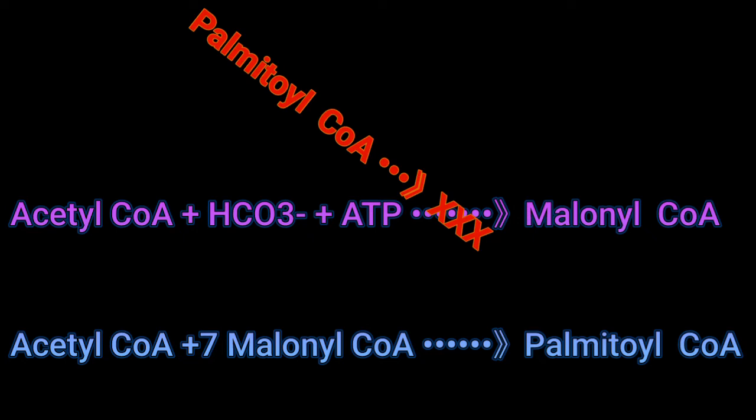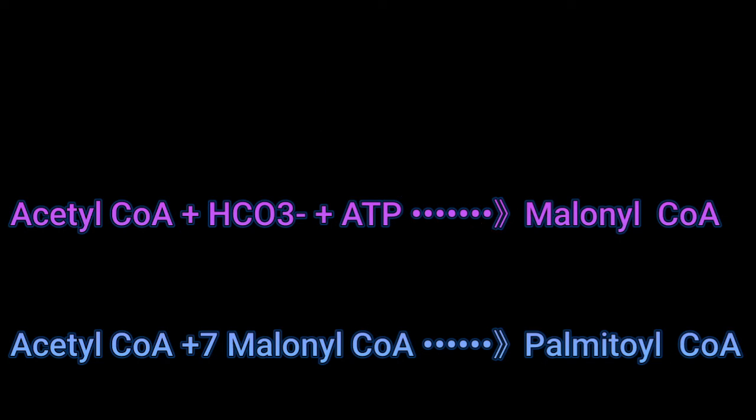In that form, acetyl-CoA carboxylase is no longer active. High levels of palmitoyl CoA will inhibit the activity of acetyl-CoA carboxylase by promoting the dissociation of the polymer into the monomer, less active form of the enzyme.